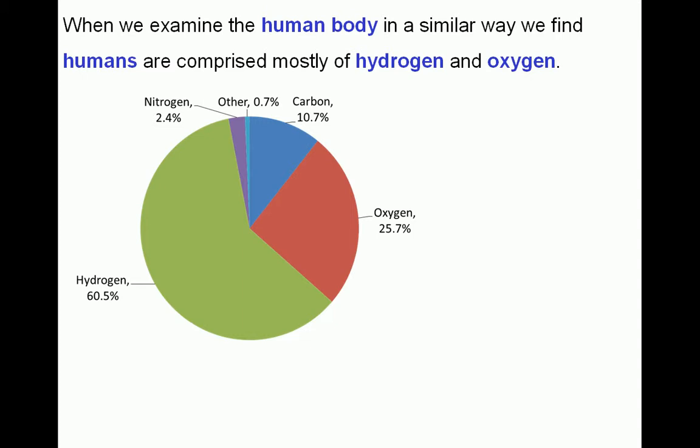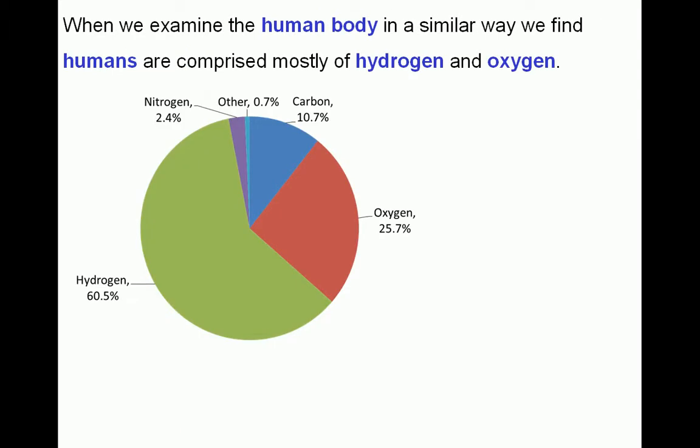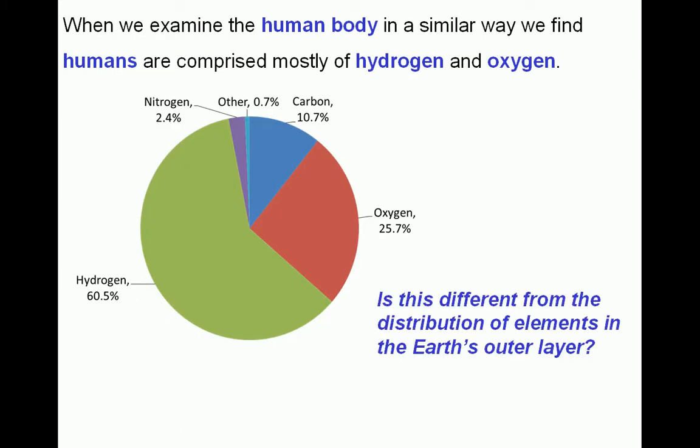So that's interesting, because we're saying we are mostly hydrogen and oxygen, but the region in which we live is mostly silicon and oxygen. So what does that tell us? What does that tell us about how our bodies function? So yes, the distribution of elements within us is very different from the elements that are in the Earth's outer layer where we live.